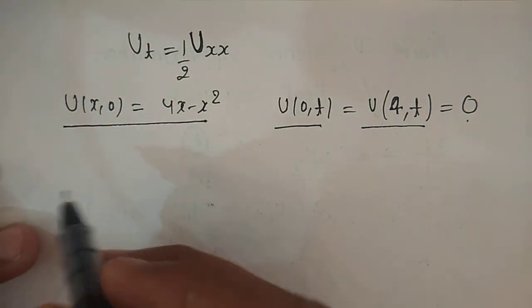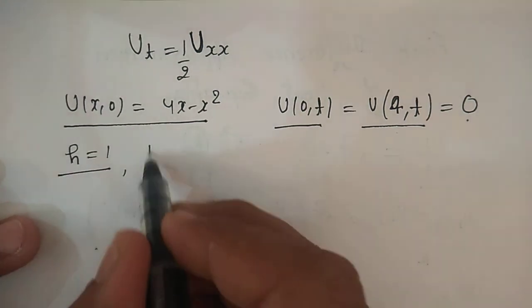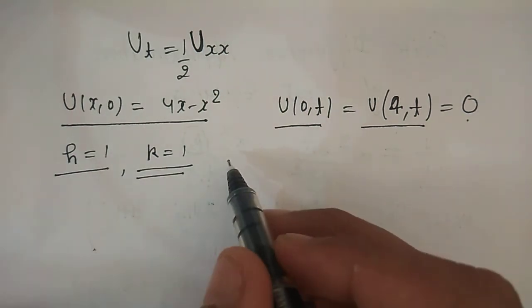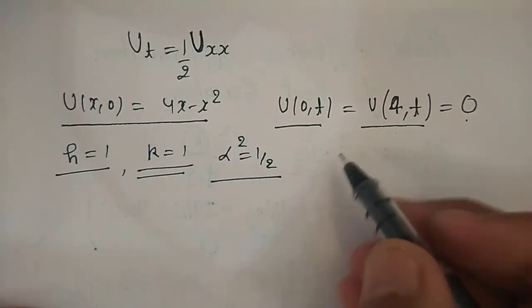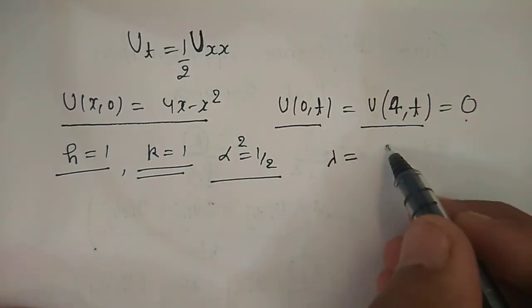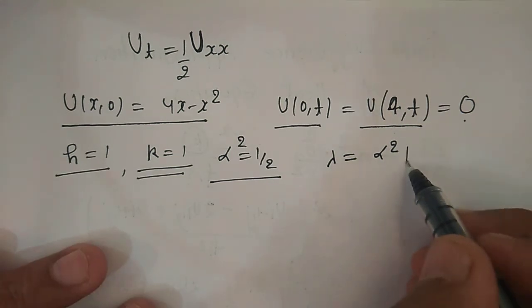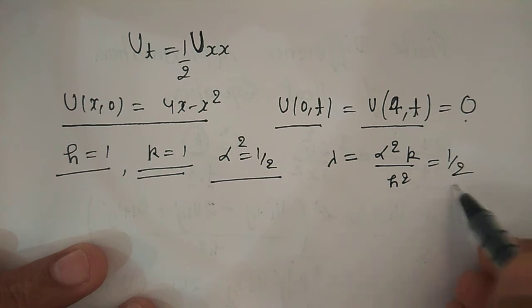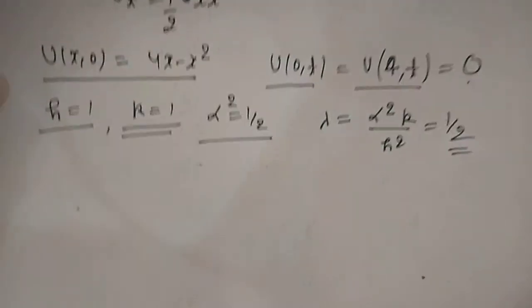Let us take increment h equal to 1, k equal to 1, and alpha square equal to 1 by 2. Then lambda equal to alpha square k by h square, so lambda equal to half. So we are going to use the Bender-Schmidt scheme.